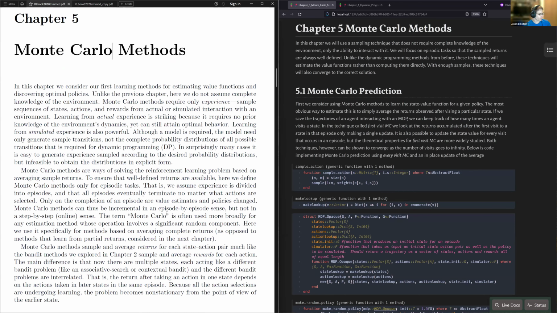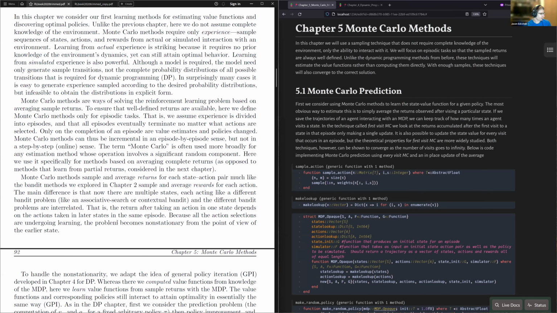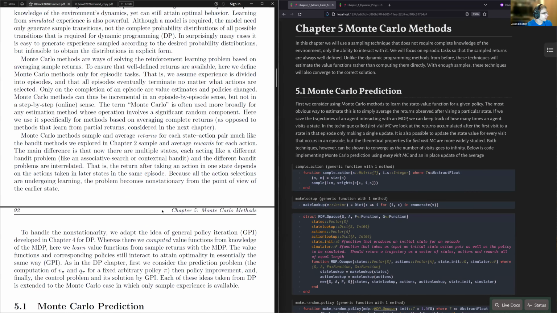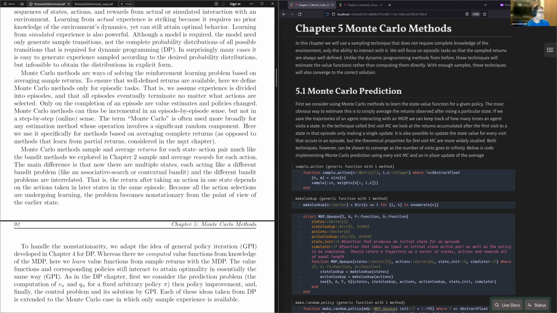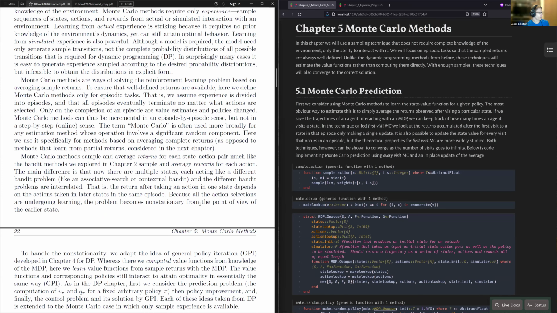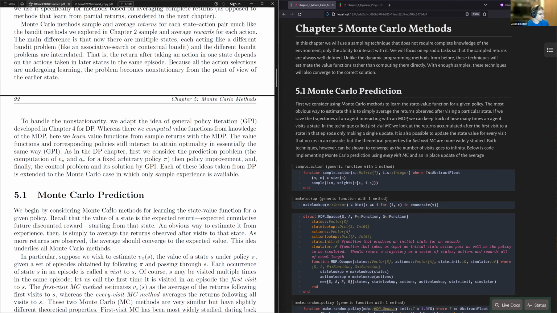But in this chapter, we are assuming that the only thing that we really have is the ability to interact with the environment and collect returns, or what will be called trajectories in the environment.